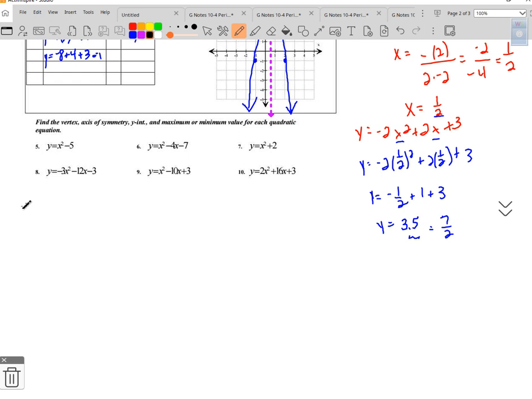So for number 5, we need the vertex. We're going to abbreviate.